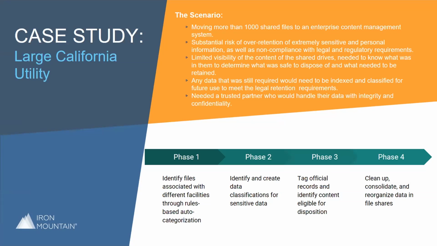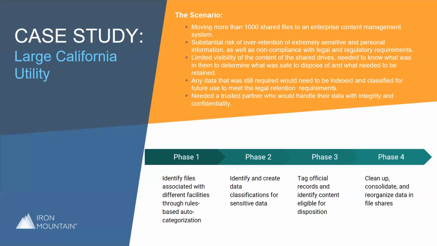So with our partnership with ActiveNav, we were able to get into the data and identify what was there through a 4-phase approach. And we've talked about these phases already in the broader sense, but specifically related to this engagement.